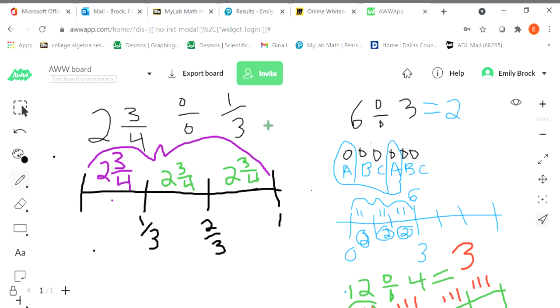So the answer equals, I'm going to write it down below. 2 3/4 shared amongst just 1/3 is the same as 2 3/4 times 3.